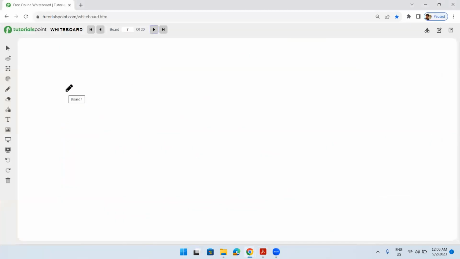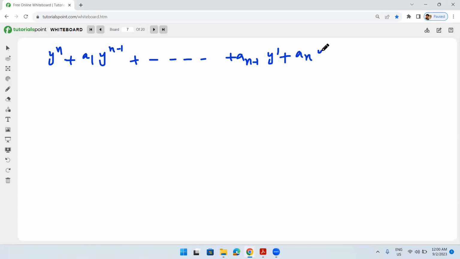So the equation is like this: y^(n) plus a1 into y^(n-1) plus, and so on, plus an-1 y dash plus an y is equal to f of t. Now first we apply the Laplace transform on both sides.